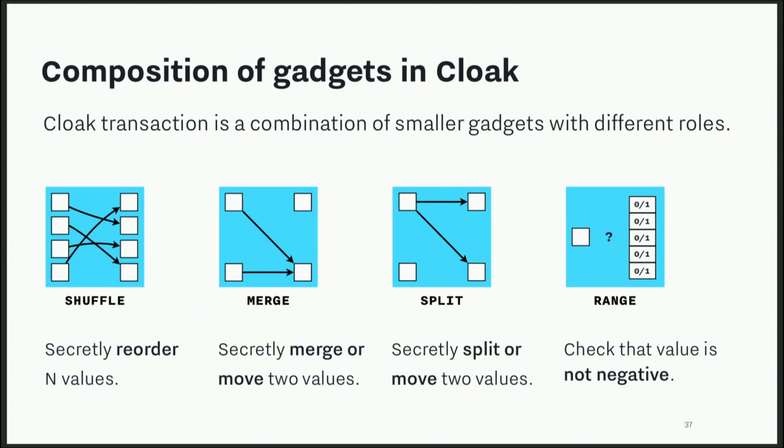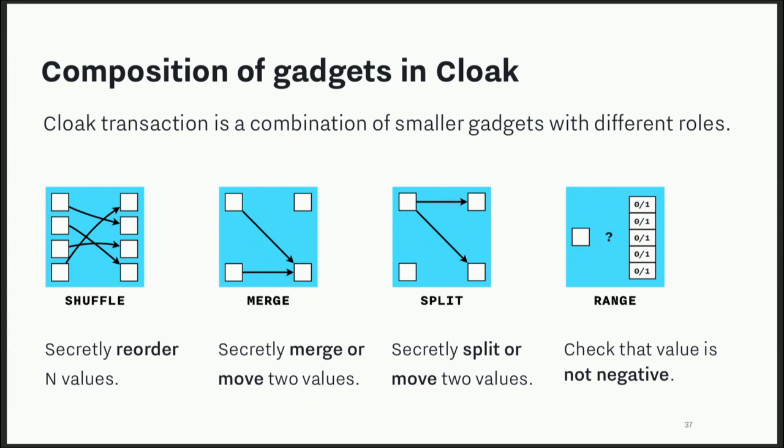So shuffle, in this case it's a k-shuffle, proves that the outputs are a valid reordering of the inputs. Merge proves that the outputs are either a merge or a move of the inputs. Split is either a split or a move of the inputs. And the range is a check that the value is not negative. So that's similar to the range proof in the paper, except constructed using the constraint system API.